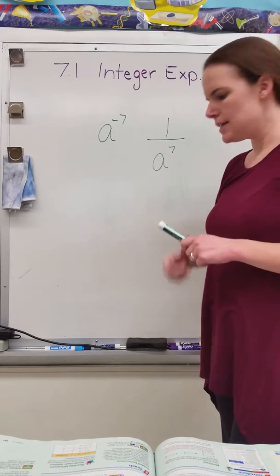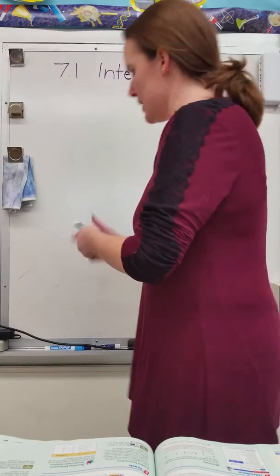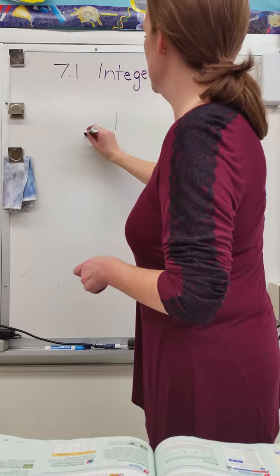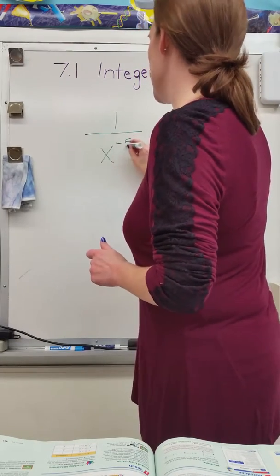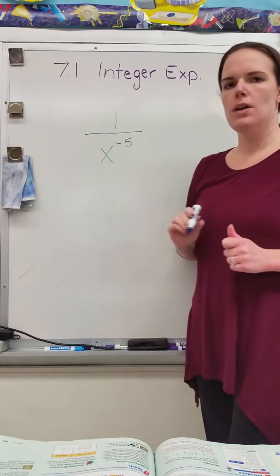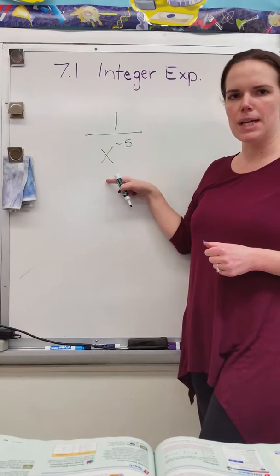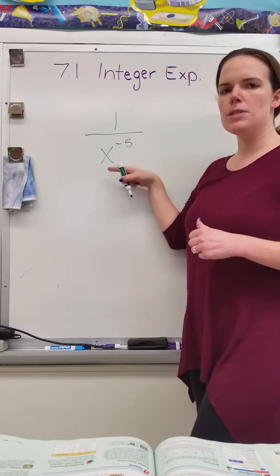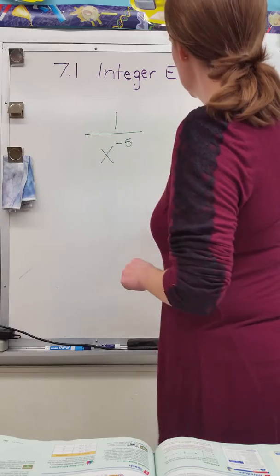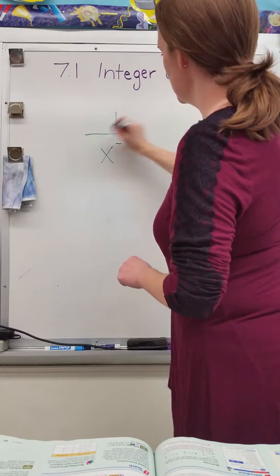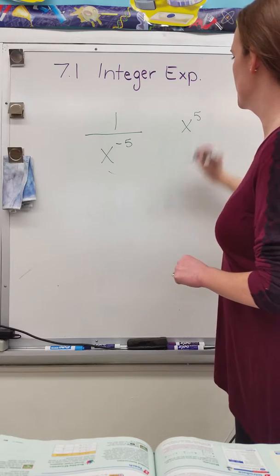The reason I phrased it as you put it to the other side of the fraction bar is because say you had something like this, where you had 1 over x to the negative 5. Well, this time, since the negative exponent is in the denominator, what you do is bring it up. So this x to the 5th would go up top.